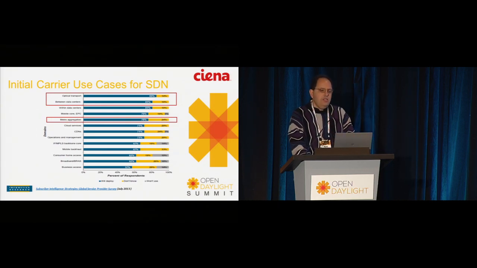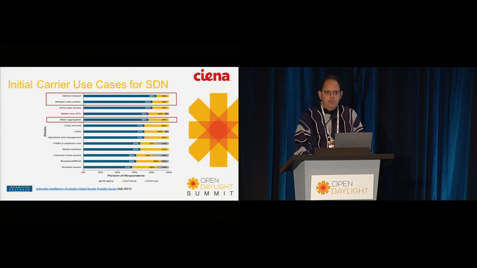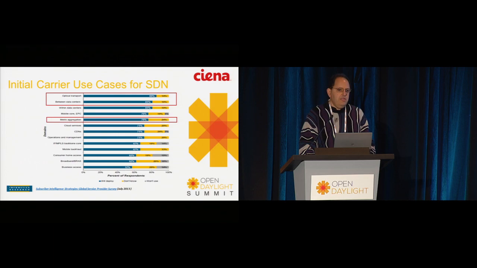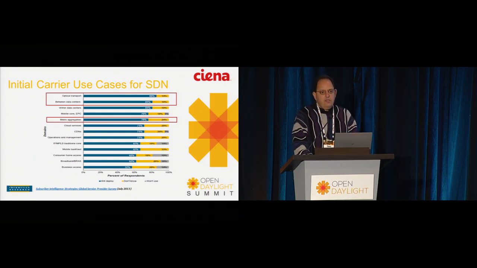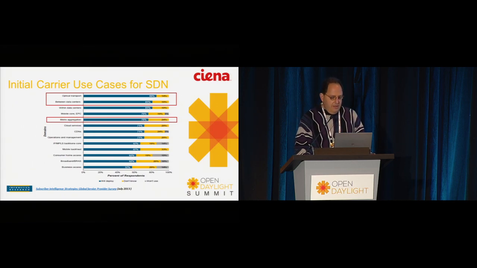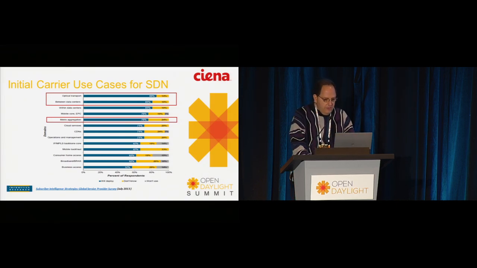We have a major initiative underway to extend OpenFlow to support so-called layer 0 and 1 devices, but it's not there yet, and this is high on the carriers' list. Inter-data center connectivity, that cannot be a surprise with the advent of the cloud. Clearly, it's important to be able to provide additional flexibility and to be able to optimize inter-data center connectivity with the complete upheaval in how content is going to be delivered to customers.